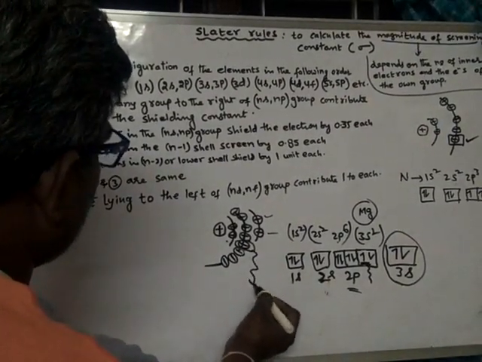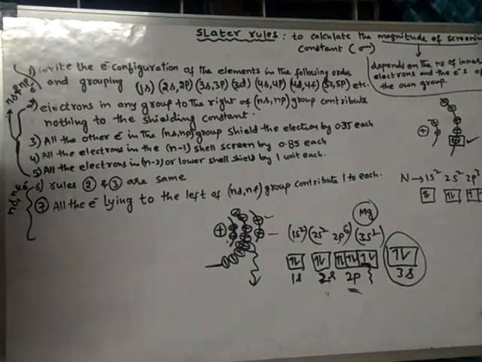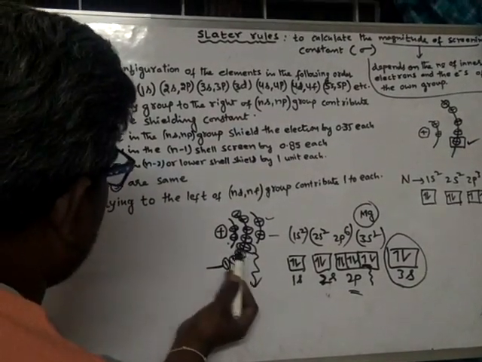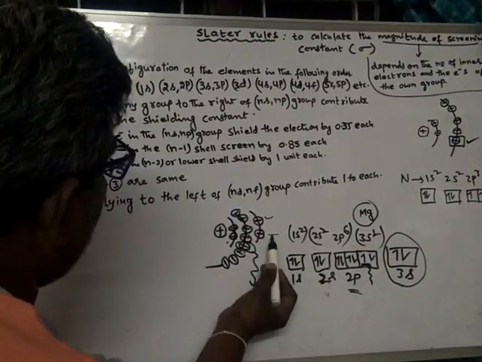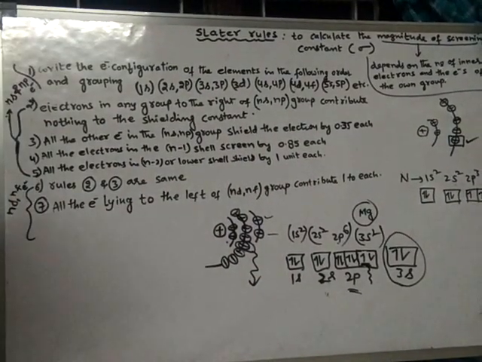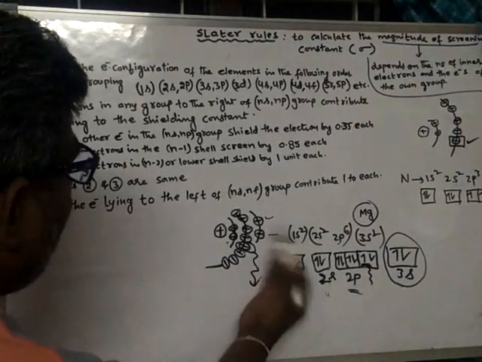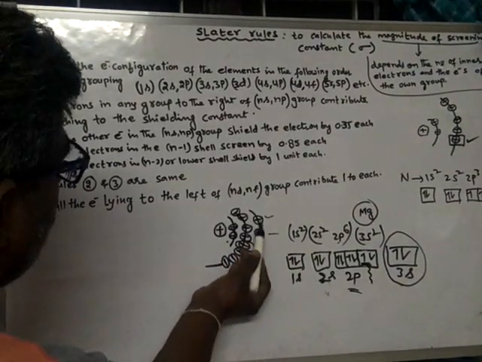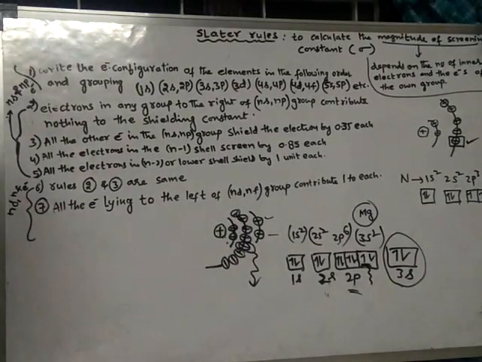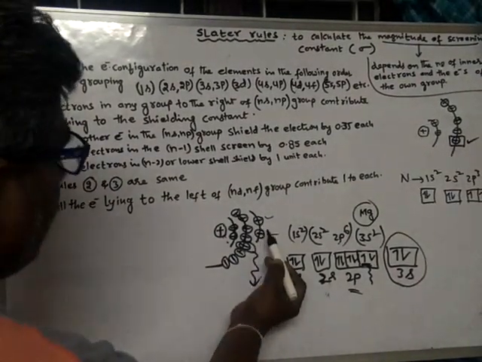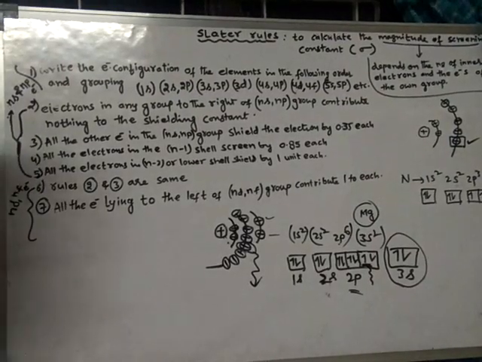This electron is present in the second shell. So now these 2 electrons do not screen at all, because they are away from the nucleus. These 2 electrons are not present between the nucleus and this particular electron. So these 2 electrons do not show any screening effect.